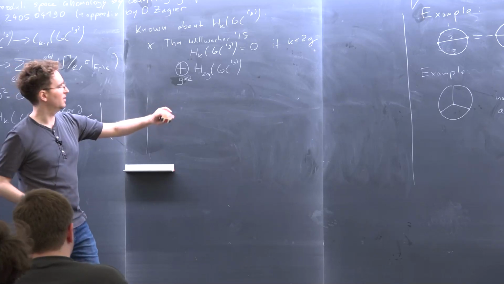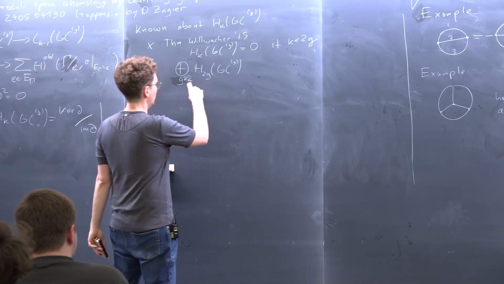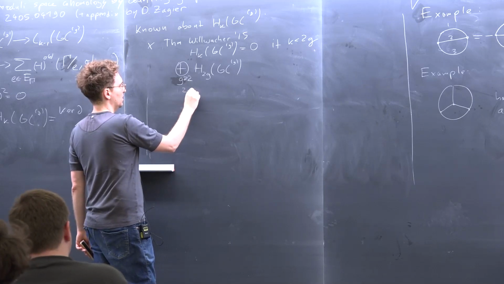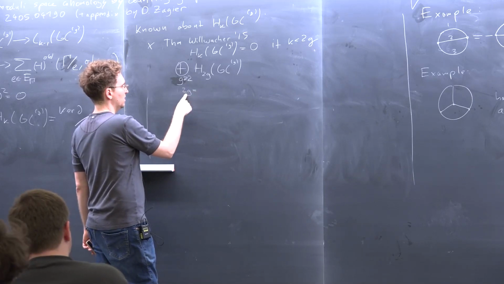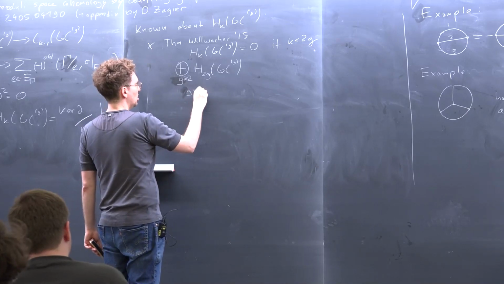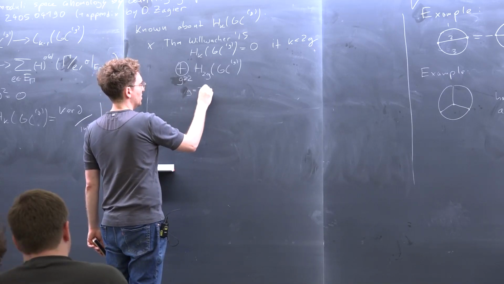In our grading, you can see that these are precisely the graphs where the rank is equal to 2 times the number of edges.